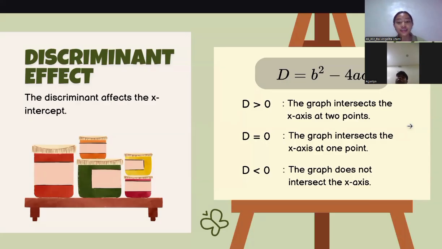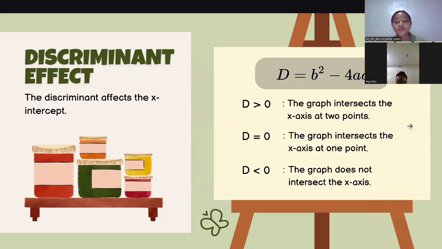Our topic is the effect of the discriminant on the graph. As we discussed earlier, the discriminant is given by D = b² − 4ac. The discriminant helps us determine how the quadratic graph interacts with the x-axis without fully solving the equation.